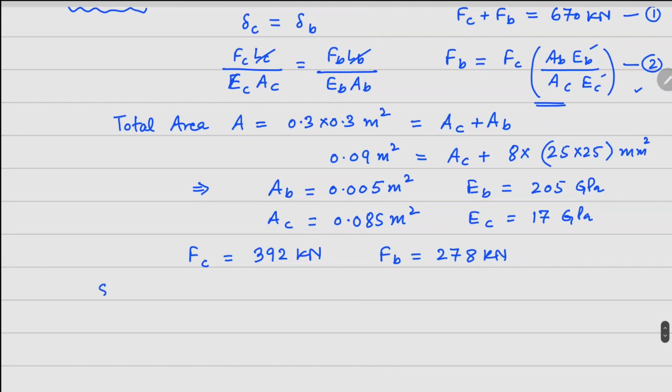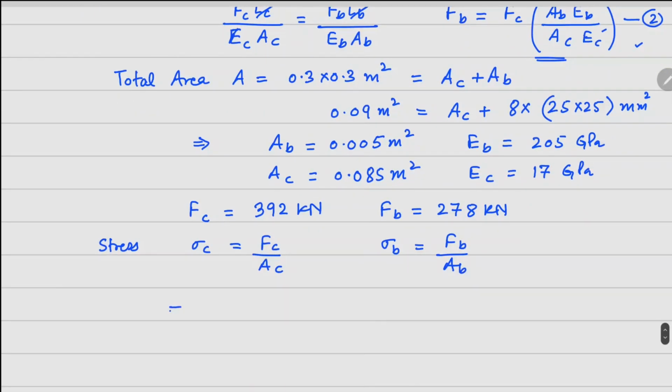Now for stresses, that's the next thing that is asked in the question, which will be your sigma C equals FC divided by AC. Similarly, your sigma B is going to be FB divided by AB. So your stress in concrete is 4.6 megapascals, and in your steel bars it is 55.6 megapascals.